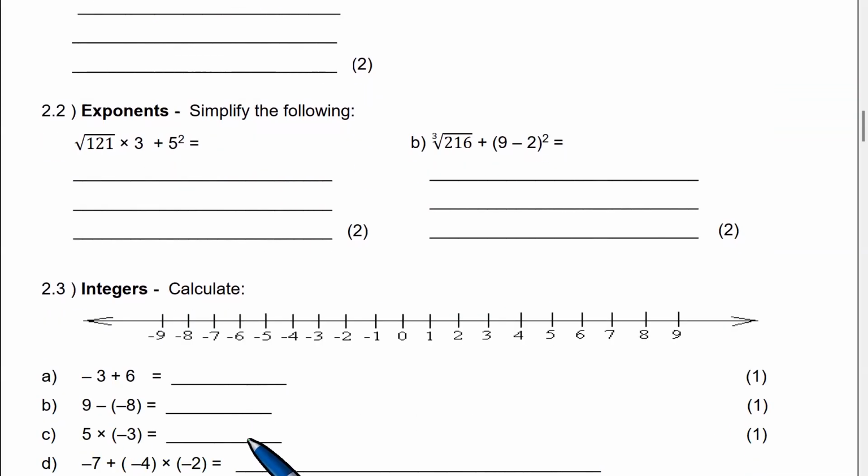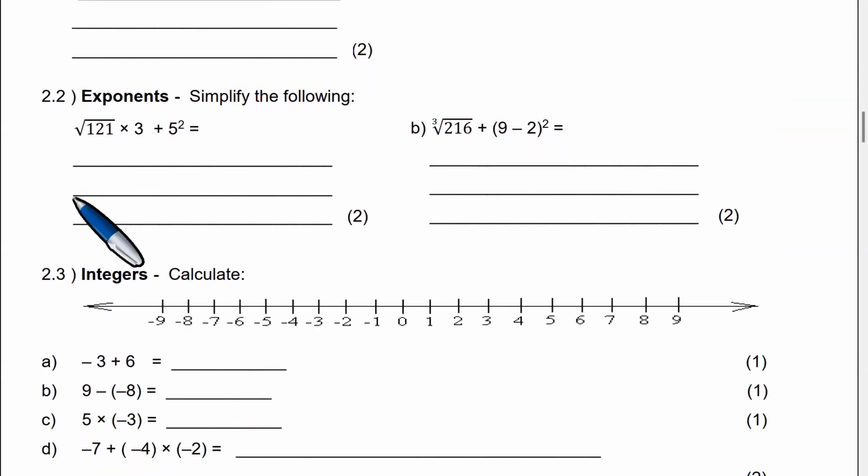Okay, let's deal with some exponents. 2.2, simplify the following. What is the square root of 121 times 3 plus 5 squared? What is the answer? Is it 29?